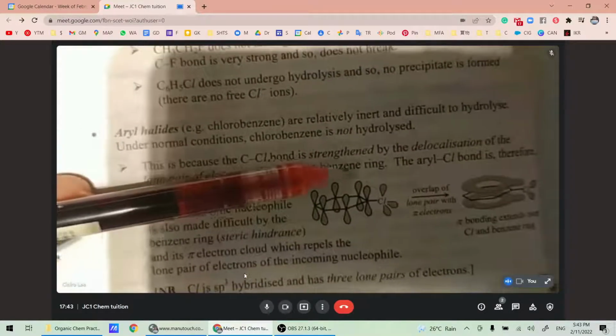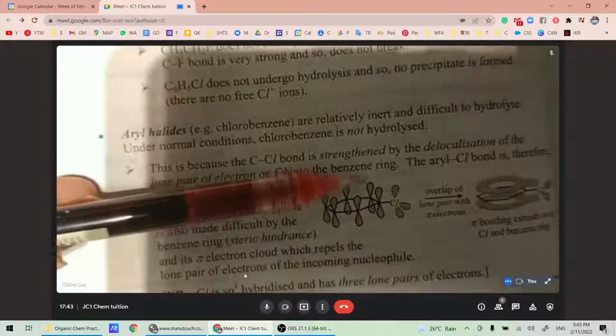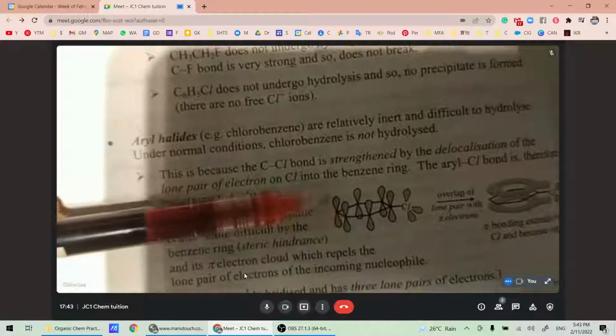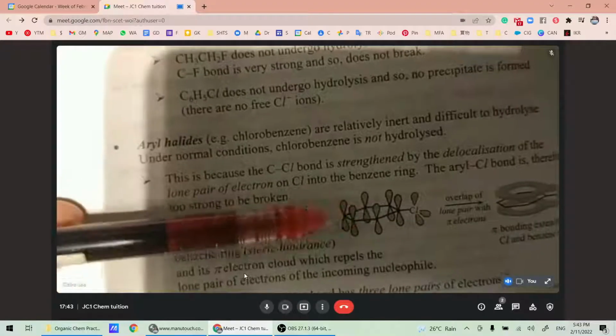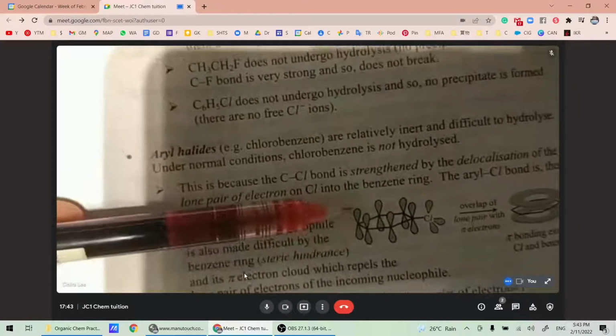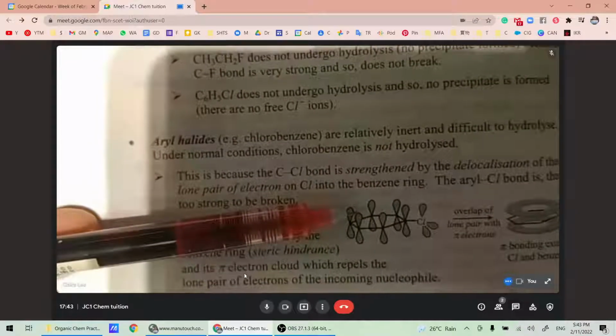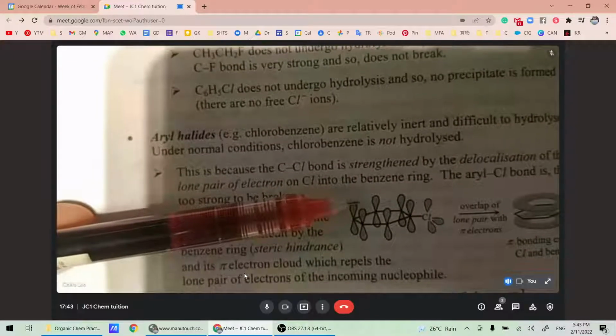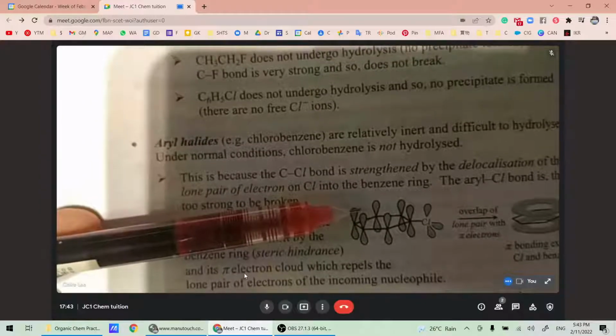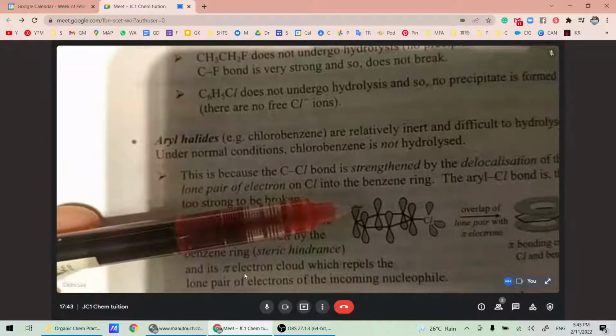I think the pause just now was me getting everybody to attempt the answering. Anyway, due to this overlapping, the C-Cl bond is strengthened and is too strong to be broken. Hence, chlorobenzene cannot hydrolyze, or the C-Cl bond in chlorobenzene cannot be broken. All right.